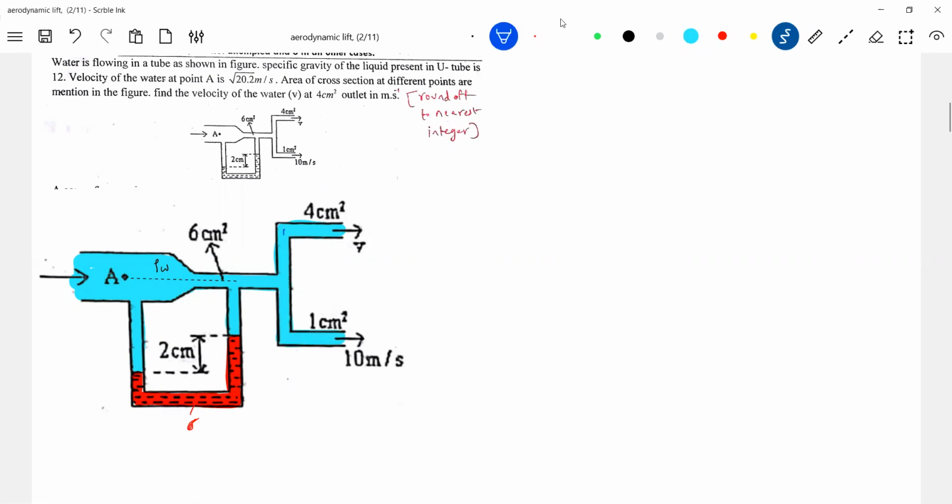The same water, density rho W, will flow here.